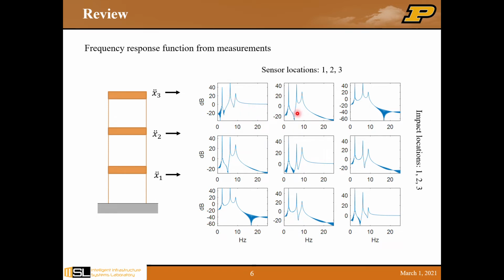And so the off diagonal shows the FRF where the impact location and measurement location are not in the same place. Okay.